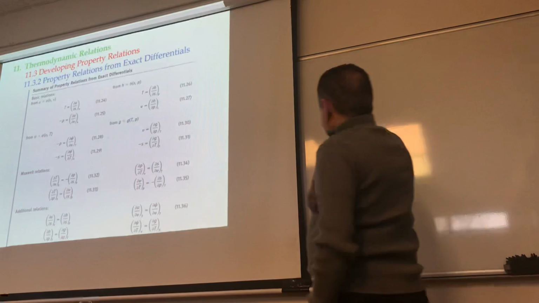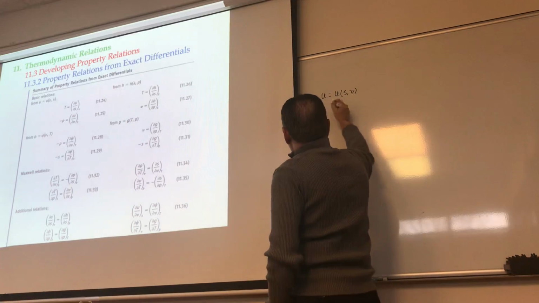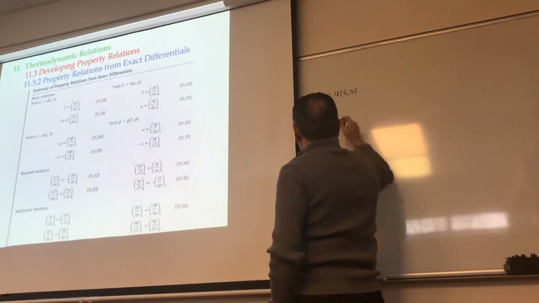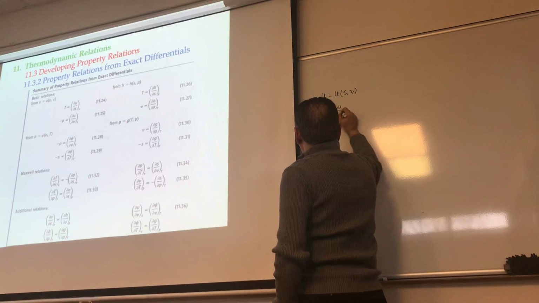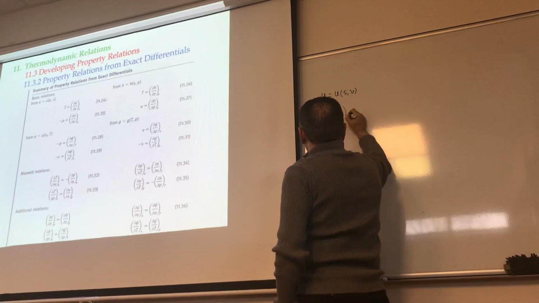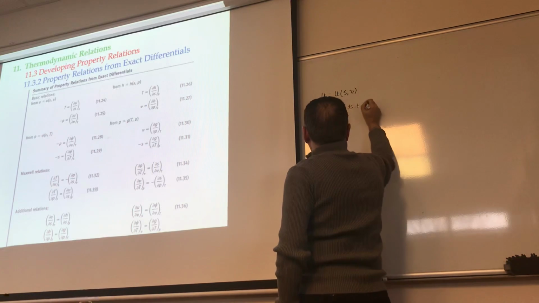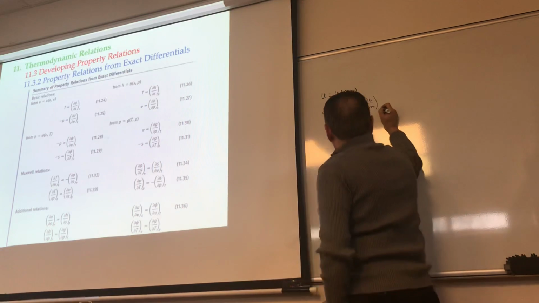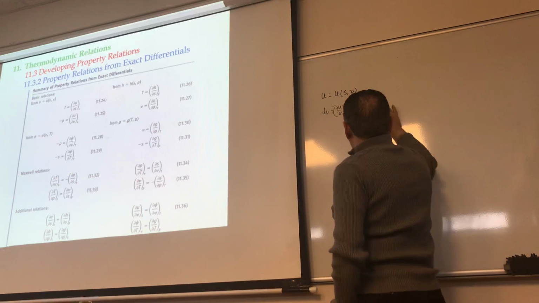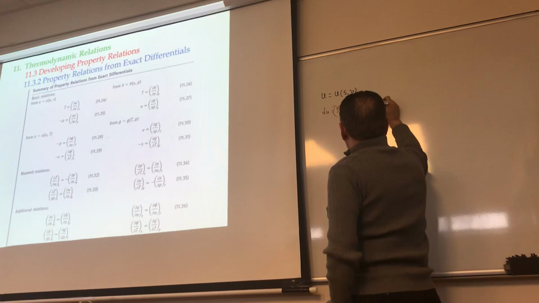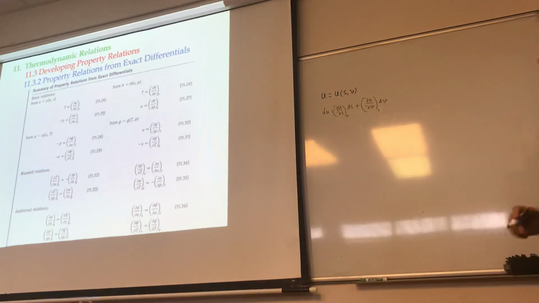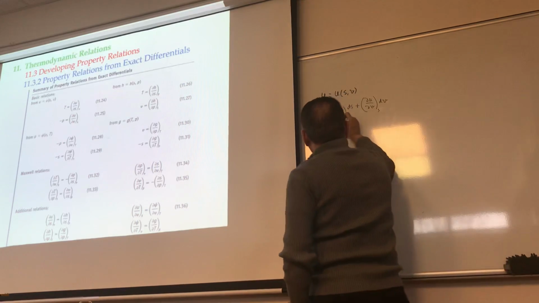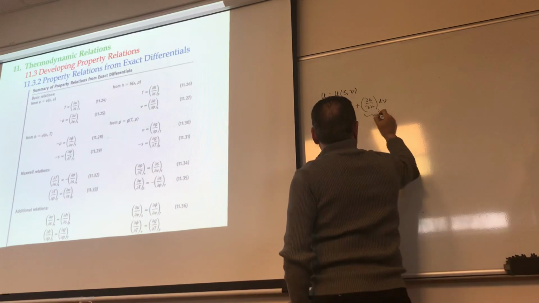Now, because that is the case, dU is going to be equal to dU over dS at V equals constant times dS plus dU over dV at S equals constant times dV. Right? That's the first differential, right? And remember what we call this guy? M, and we call this guy N.